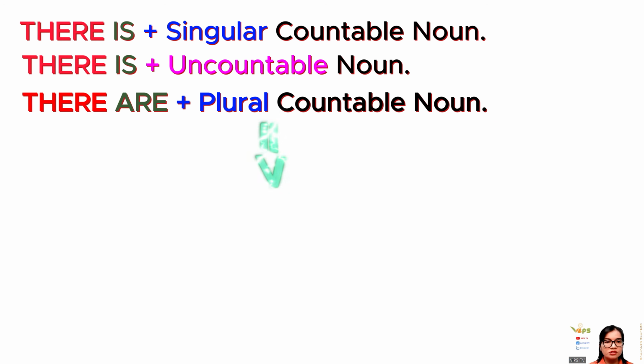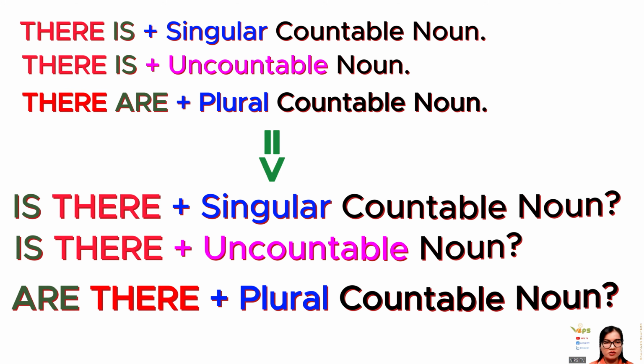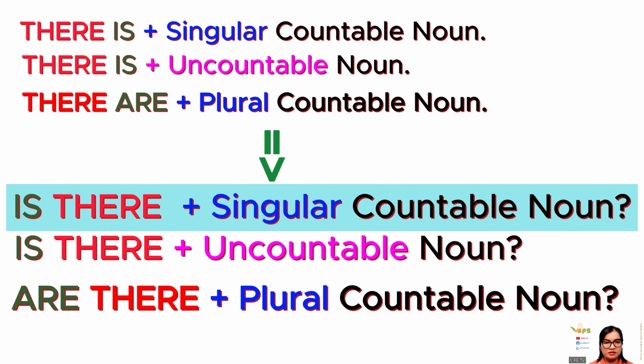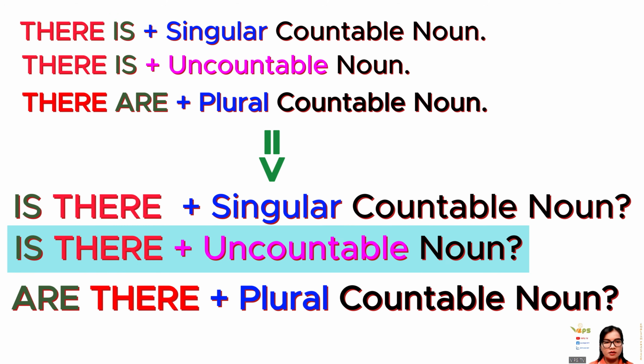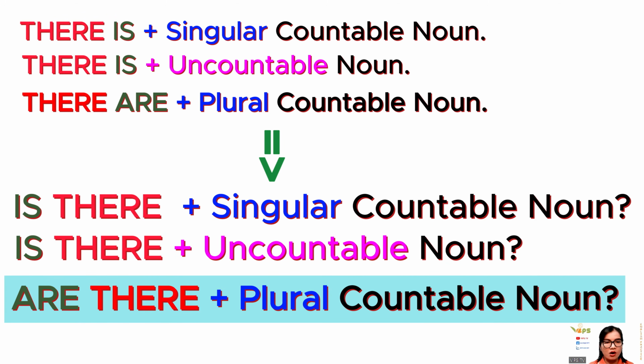To make questions, we swap the to be verb for there. That means we have the following structure. Is there plus singular countable noun or is there plus uncountable noun, and are there plus plural countable noun.